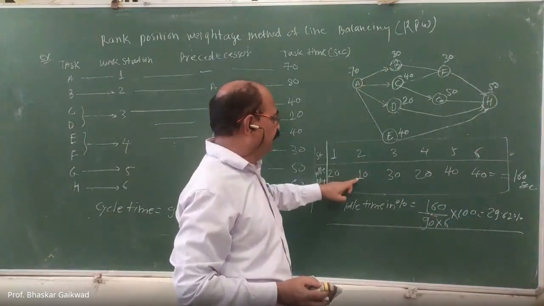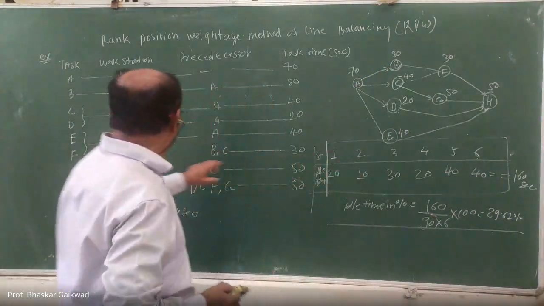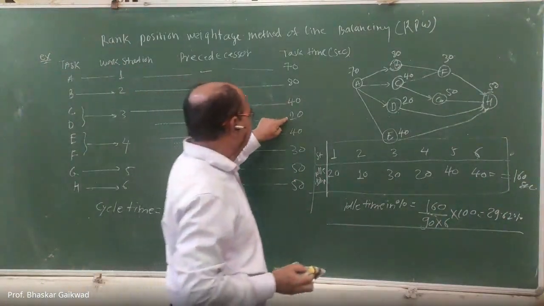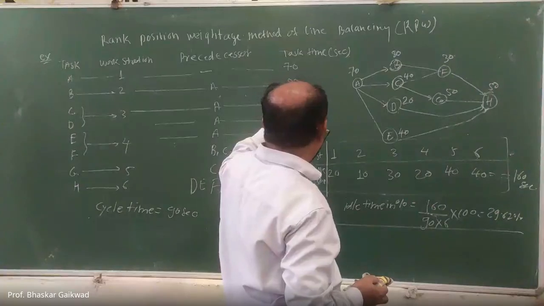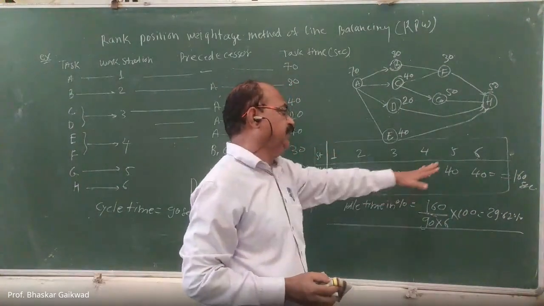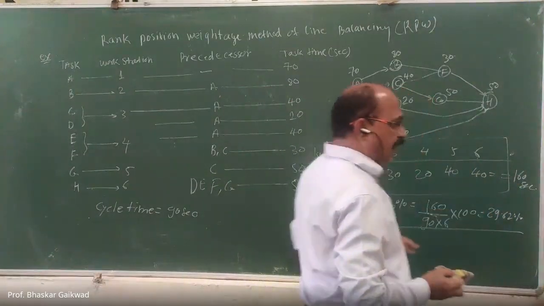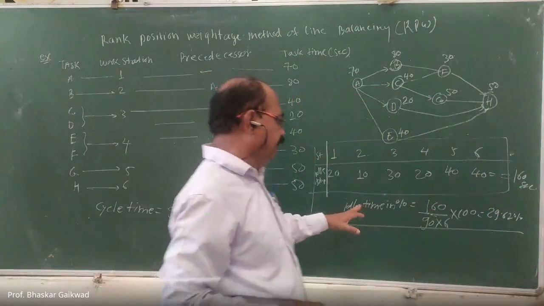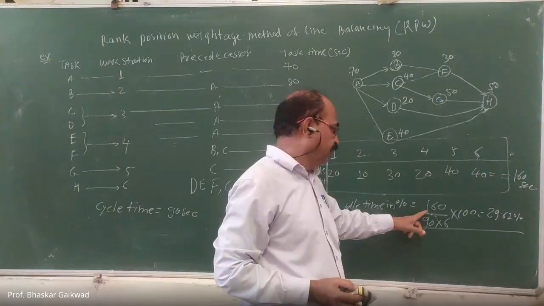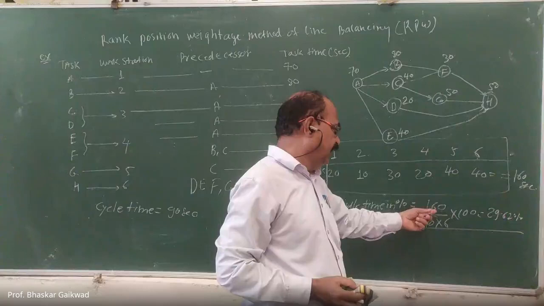So 90 minus 70 will be there. 4 stations. 40 plus 70.